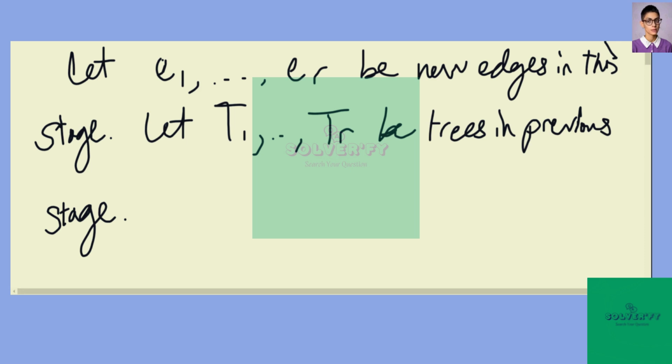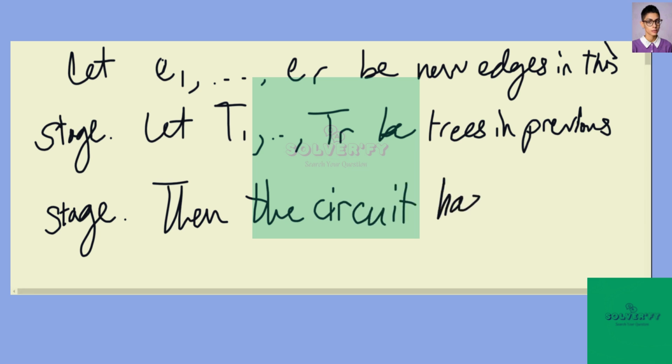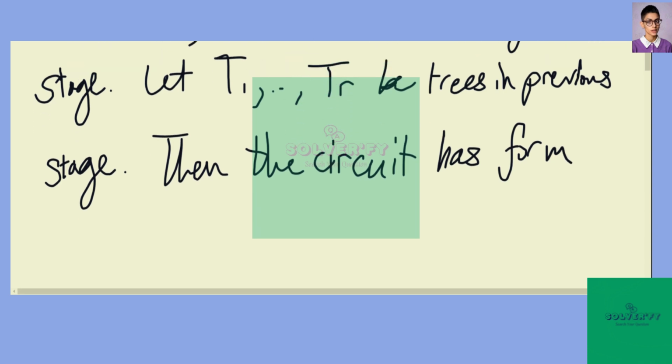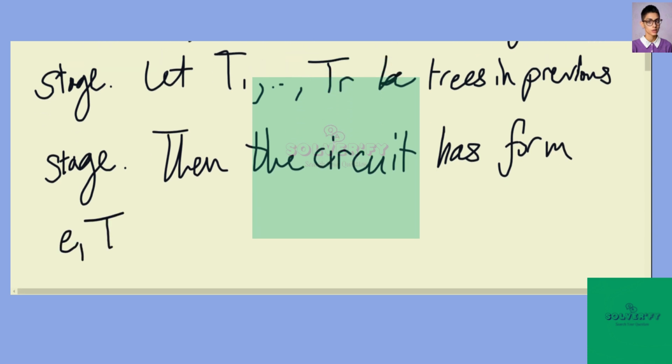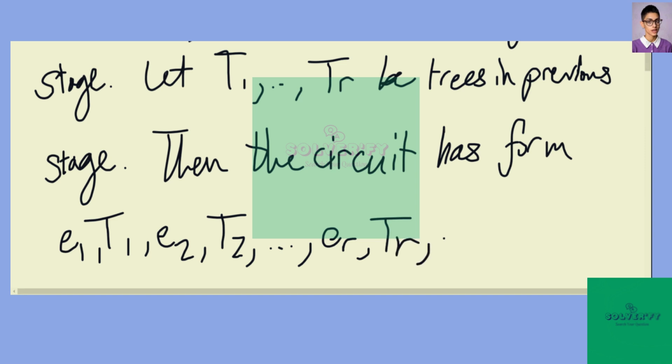Then we know that the circuit has to be of the form E1 T1, E2 T2, all the way up to ER TR, and then back to E1 again.